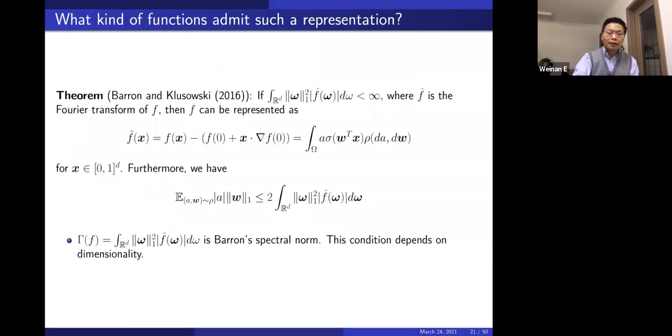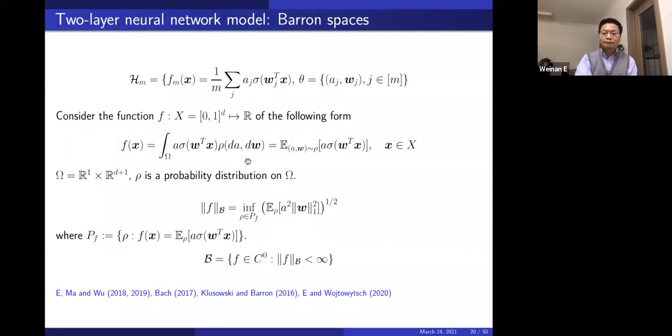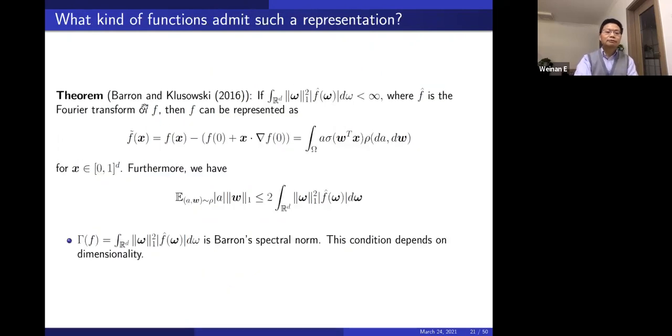Now an immediate question is what kind of functions are Barron functions, namely, admit this representation with a finite Barron norm. Oh boy, I need to speed up. Well, here's a theorem proved by Barron and Klusowski.